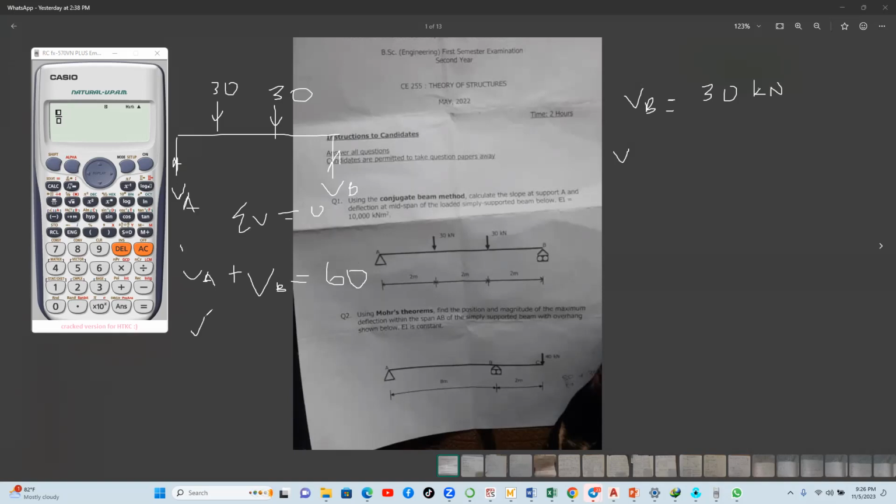Now I have my VB to be 30, so it means automatically VA is also 30. I hope it's clear. Yeah, it's clear. So let's move on.